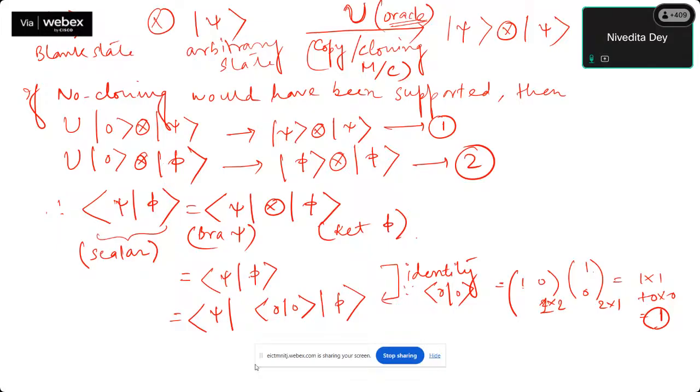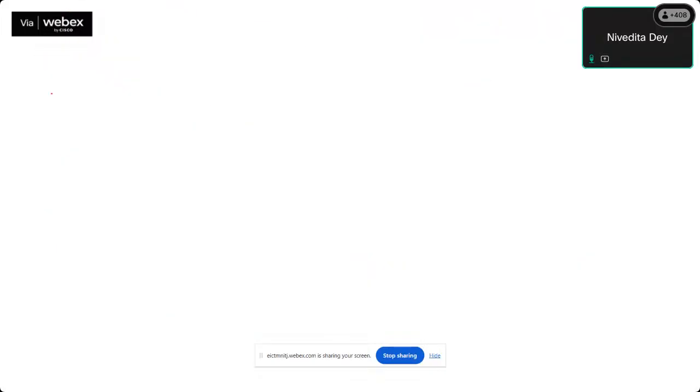Now again, from this, our state was psi 0 0 phi. So from this we can also write phi psi 0. Just I'm writing 0 with this thing, then unitary dagger u and 0 phi.